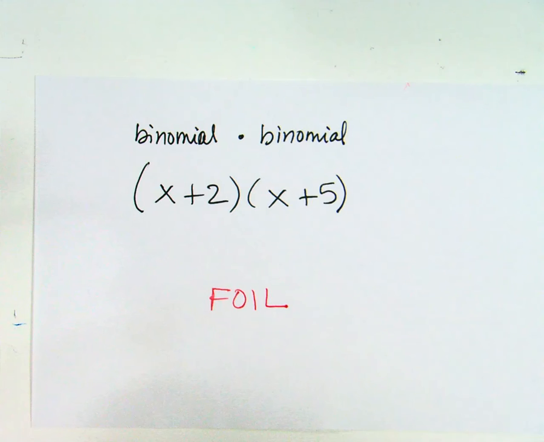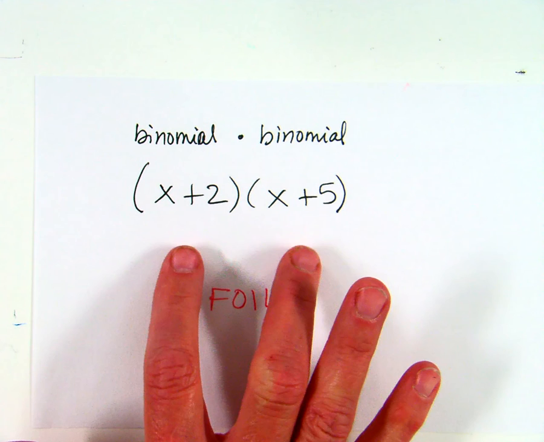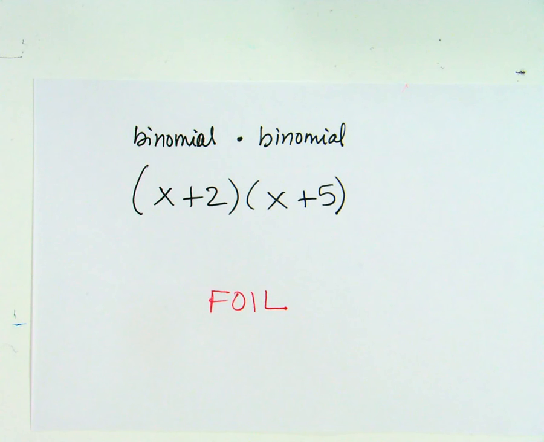FOIL is a shortcut, and I will teach you the shortcut when it's time to learn the shortcut. Please don't learn it now. I've been teaching algebra for close on to 20 years. 1 year I taught FOIL first off, and another year kind of too early, and it just confuses people. What happens is they can do the 2 by 2, binomial and binomial, really easily with FOIL. It's a good shortcut. They can do it really easily, but all the other more complicated ones, they can't do.